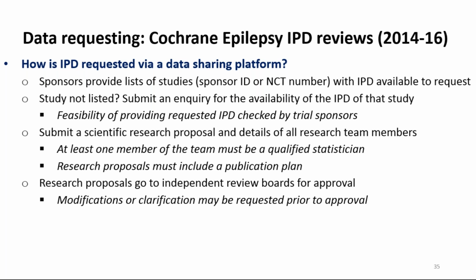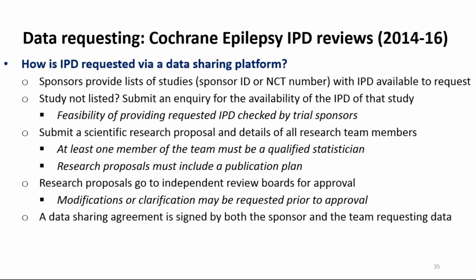Research proposals then go to independent review boards for approval, and I believe they're judged on their scientific merits and the clarity of the research question being proposed and what the data will be used for. Modifications or clarifications, if the proposal isn't clear, may be requested prior to approval.